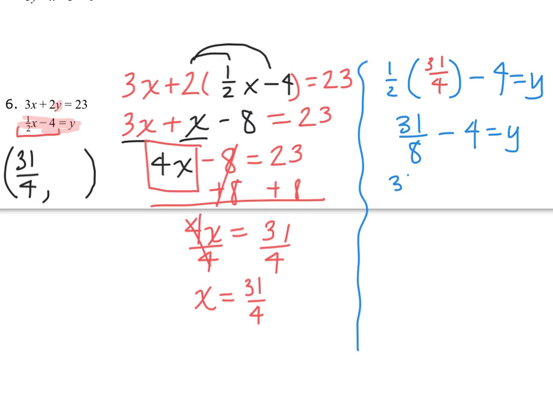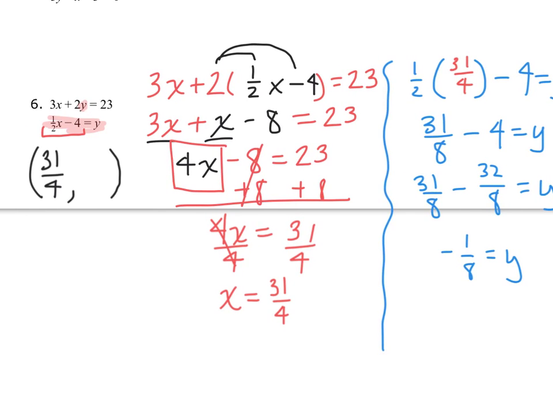So I have 31/8 minus 32/8 is equal to y. 31 minus 32 is -1, so I have -1/8 is my y value. So I'm going to plug that in over here. It's -1/8 for my y value.